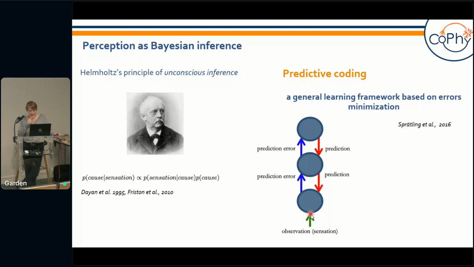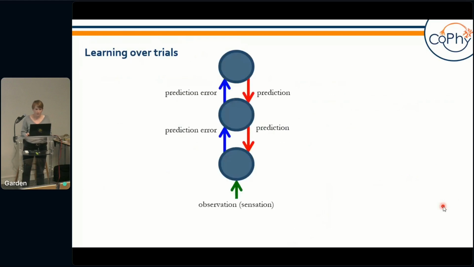As I will show in the next slide, it is based on a hierarchical structure with ascending prediction errors and descending predictions. Importantly, its biological plausibility was assessed and described by Friston and Bastos, leveraging animal empirical evidence. So this makes this framework really relevant to test as a perceptual model.